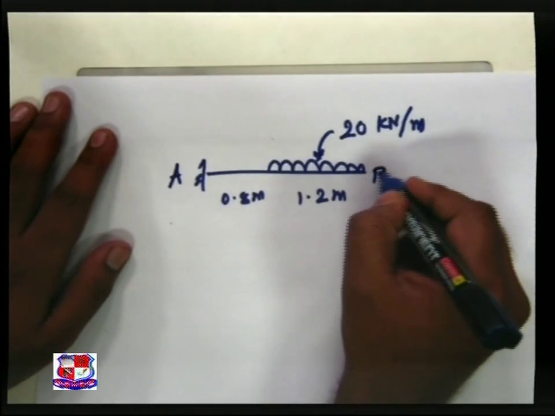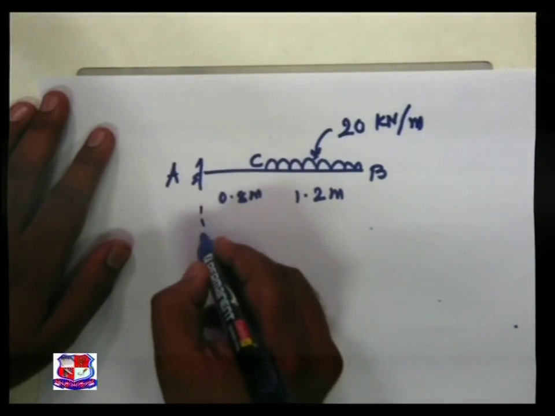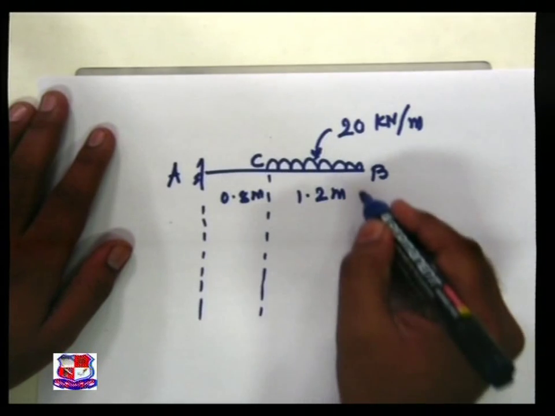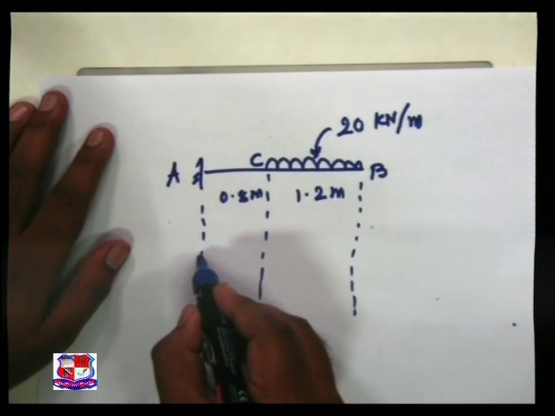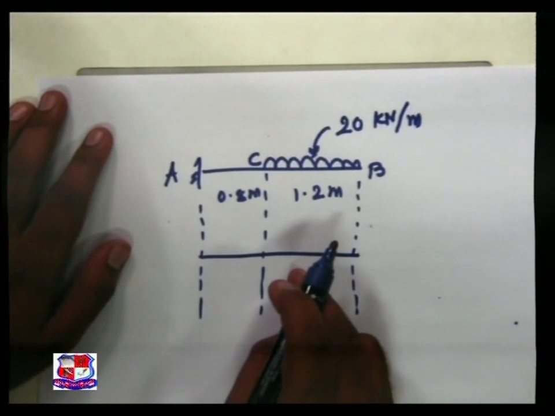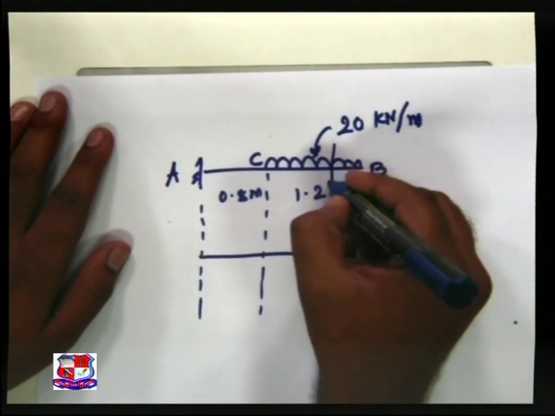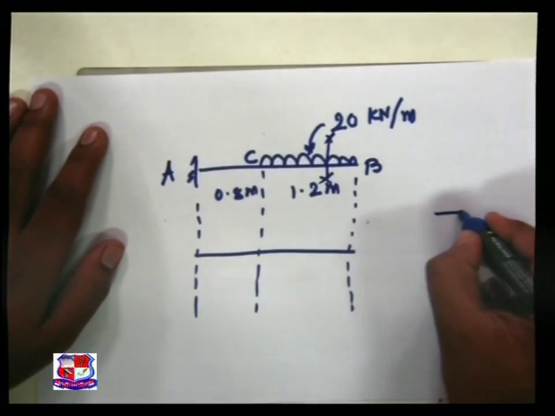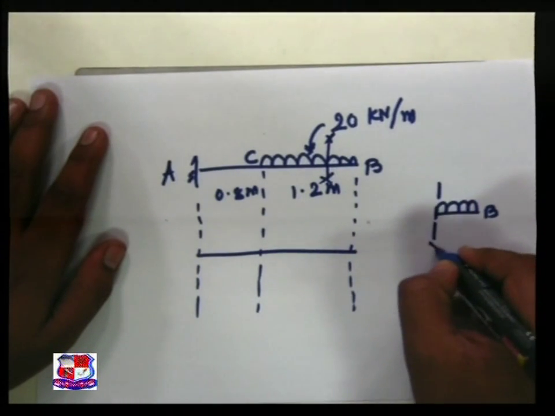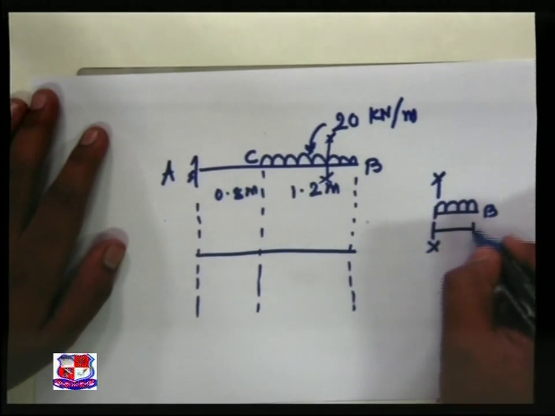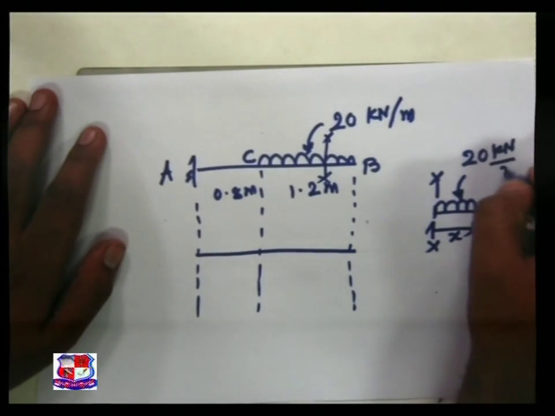A, B, C. So I am plotting these lines at various important points. Baseline. Now let us take a section over here in the region of CB, section XX at distance X. This load is 20 kilonewton per meter.